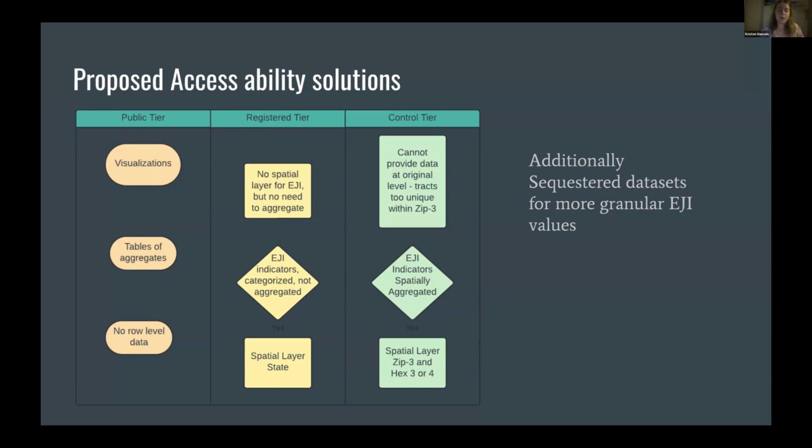So we have been working with the privacy team pretty closely to try to find a different way. So the EJI indicators will need to be spatially aggregated, and we are considering spatial aggregation up to, at this point, hexagonal grids.